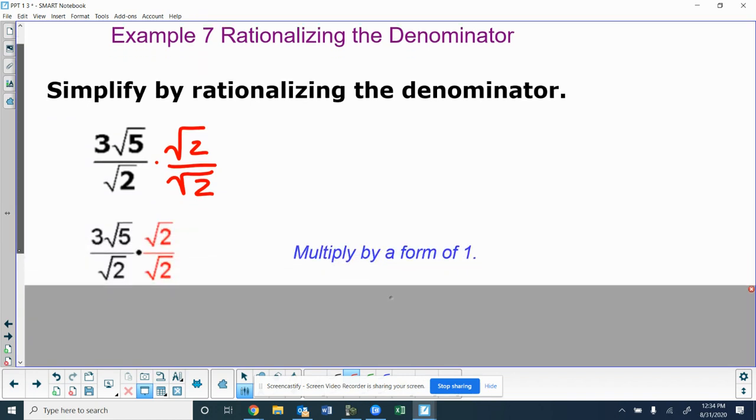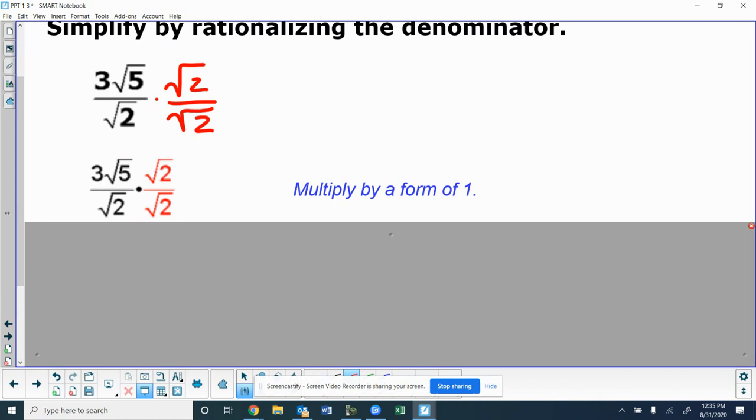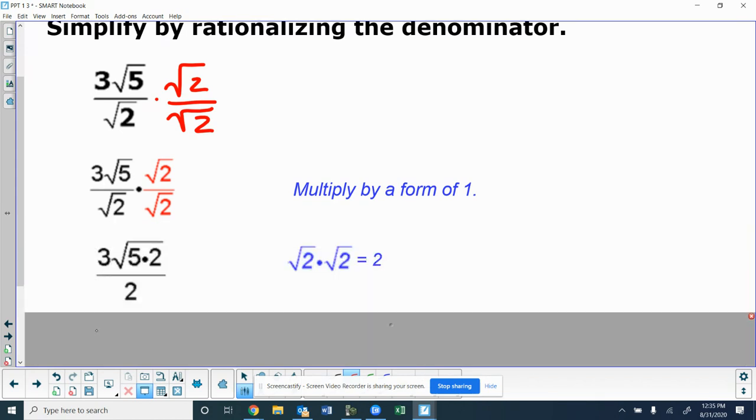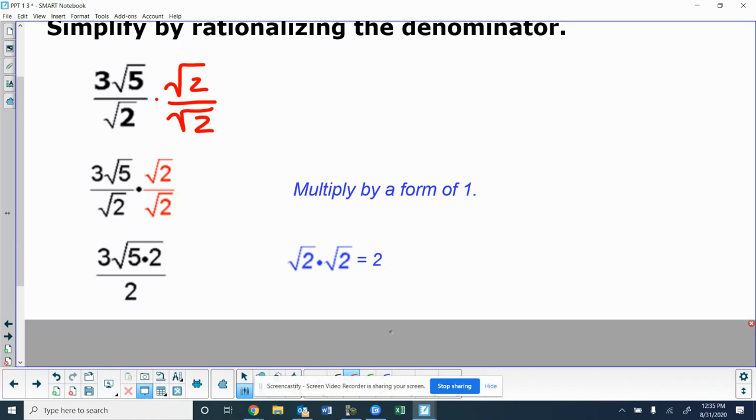What's 2 times 2? 4. What's the square root of 4? 2. So that's where that 2 comes from. 2 times 2, square root of 4, which brings back the 2. So this basically cancels out the radical sign. And then whatever you do to the bottom, you got to do to the top, so you're not changing it.